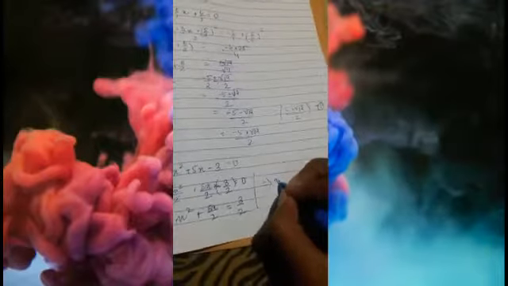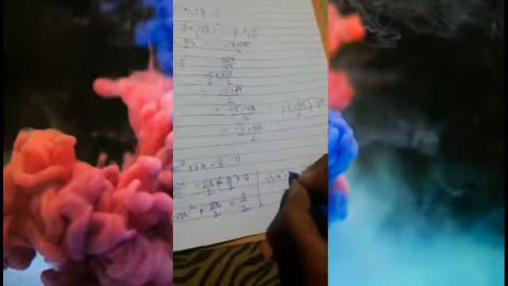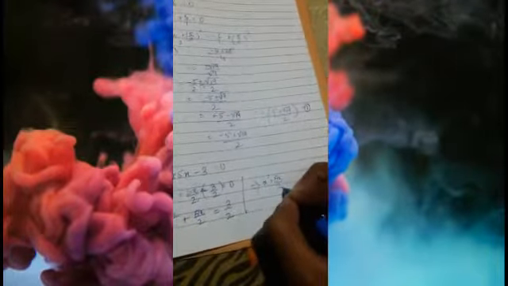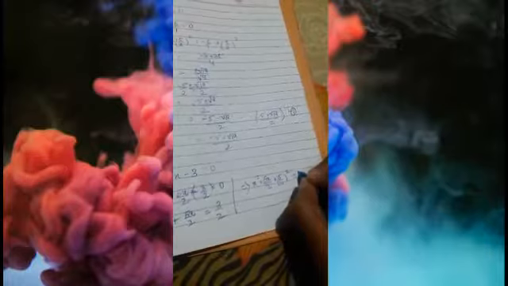And then we'll make this equation as x square plus 5x by 2 plus 5 by 4 whole square is equal to 3 by 2 plus 5 by 4 whole square.